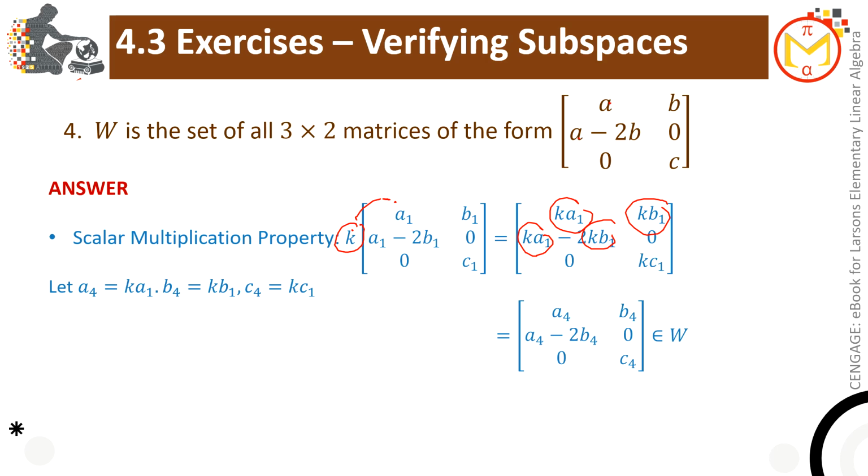Then we have C. So again, if I let A sub 4 be K A sub 1, B sub 4 is K B sub 1, and C sub 4 is K C sub 1, we have this form. Again, these two are the same, 0, 0, and they have one constant here. So the resulting form is similar to the given, so it belongs to W.